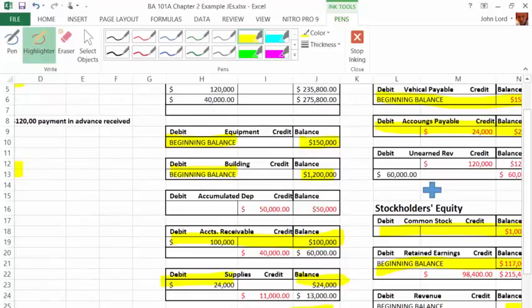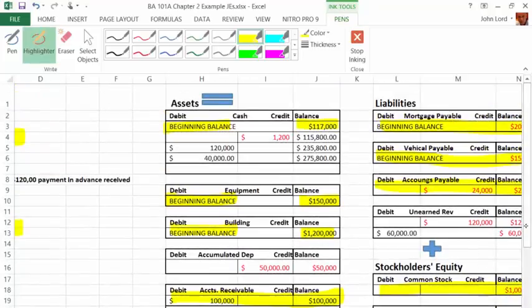Is that an asset? Because I have that insurance, right? It's prepaid. It's going to be useful for me for how many years? 2 years, right? So I debit my prepaid insurance. That's an asset. And since I paid that in cash, I'm going to do what? I'm going to credit the cash for the 1,200, right?